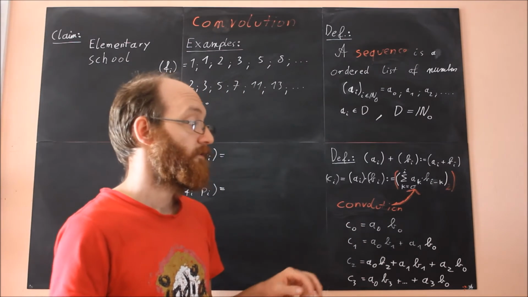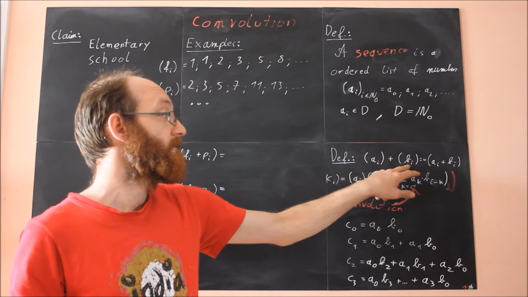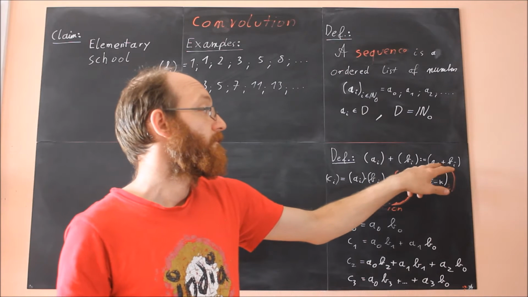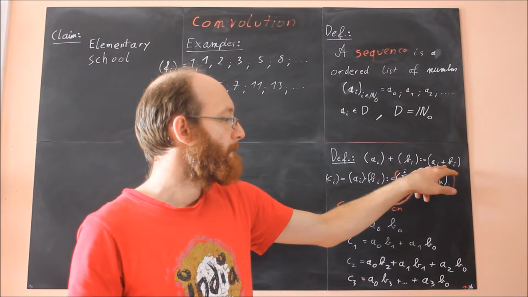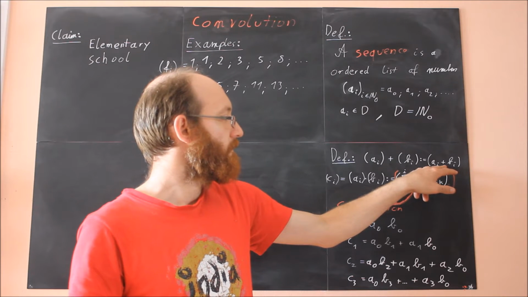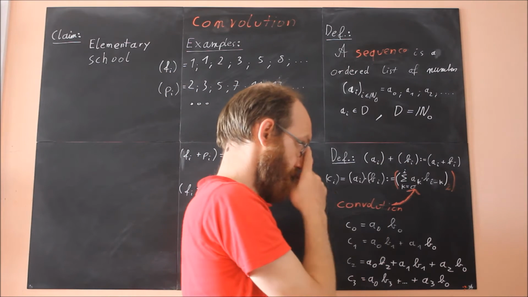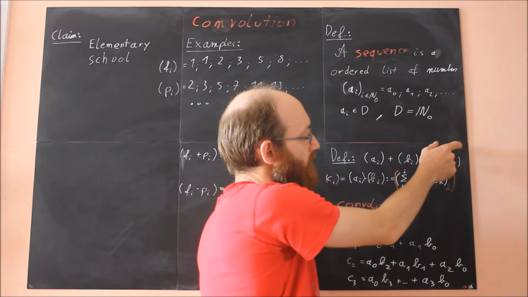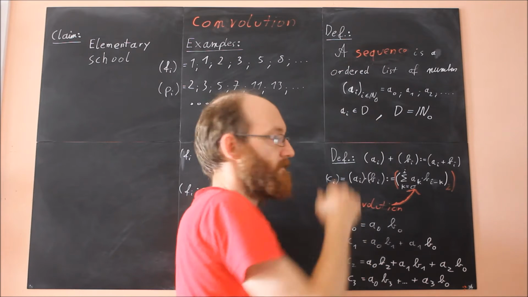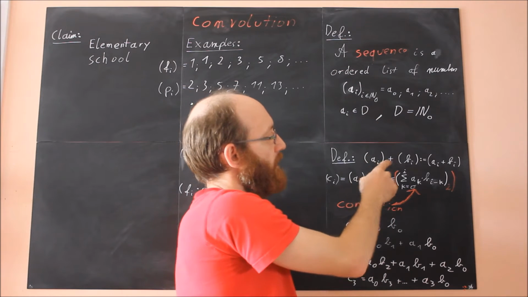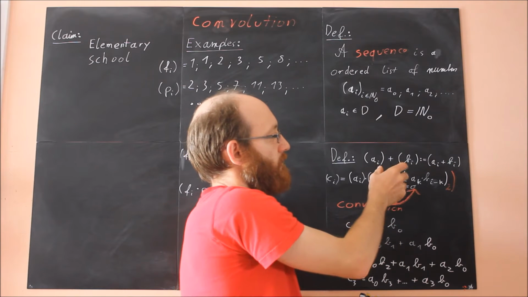A quite natural idea is we add two lists and make a new list out of these two by adding position-wise. So a_i plus b_i is a_i plus b_i.